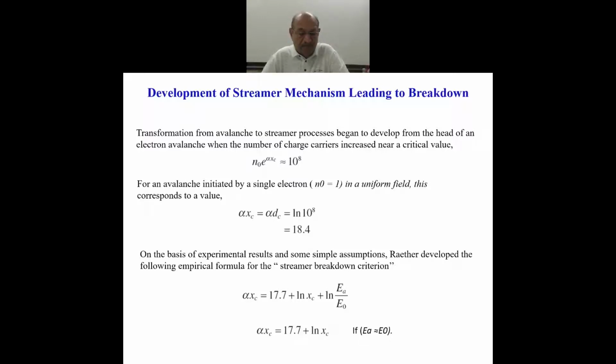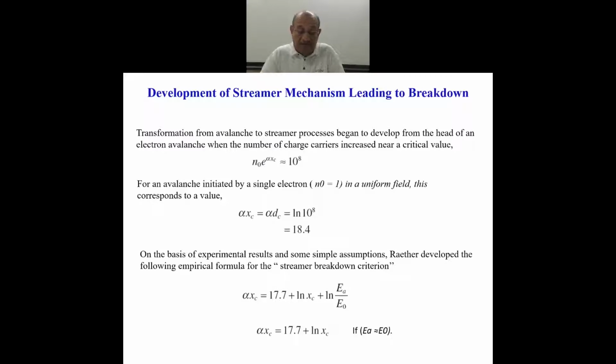Very simple. On the basis of experimental results and some simple assumptions, Raether, in 1939, developed the following empirical formula for the streamer breakdown criterion.